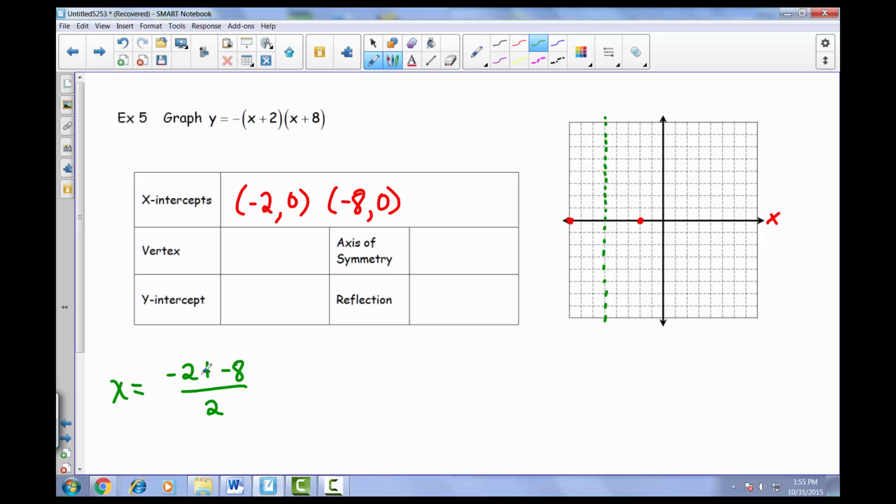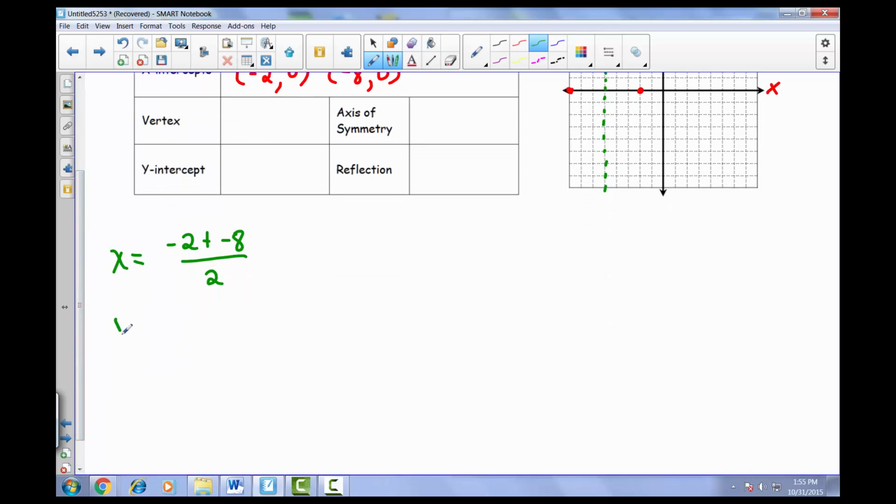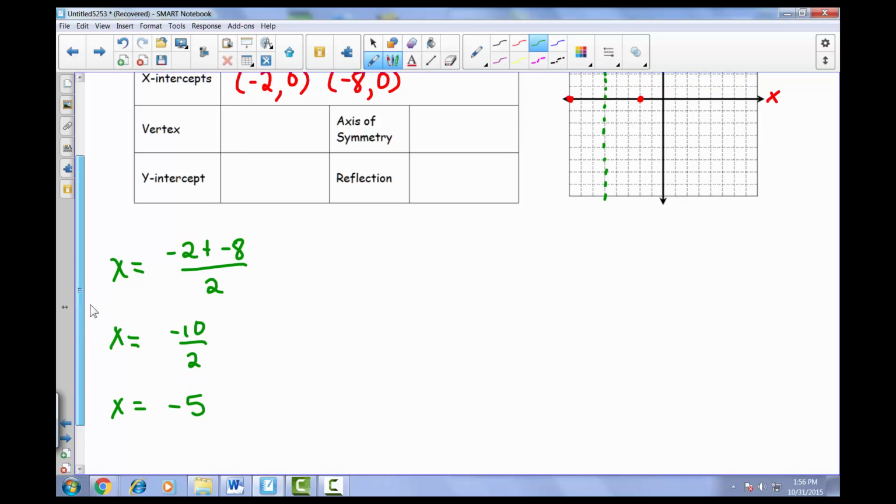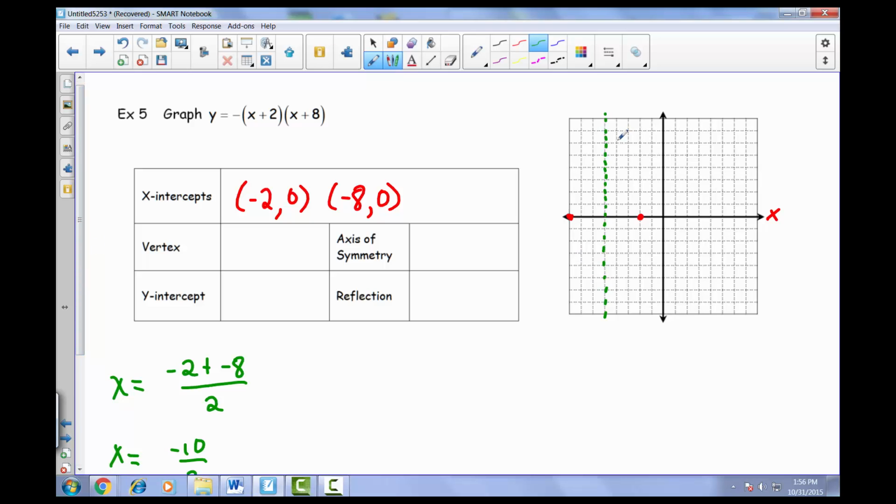Basically we're trying to figure out the average of p and q. -2 plus -8 is -10, divided by 2. So in fact, we are seeing that axis of symmetry, or the x value of our vertex, at -5, just like we were predicting with our line.